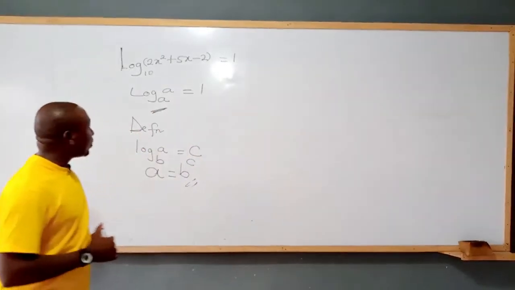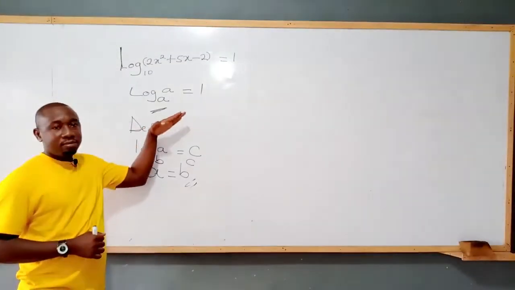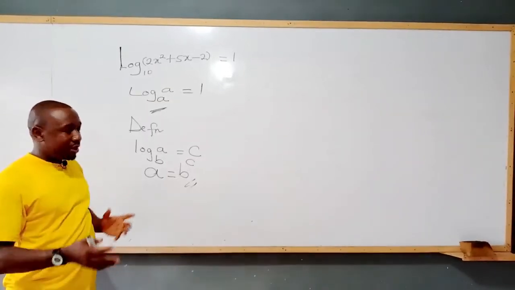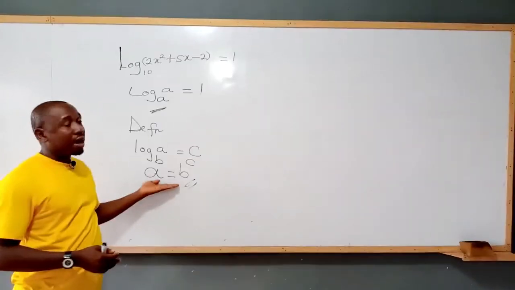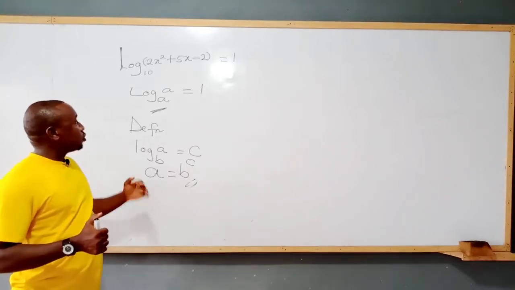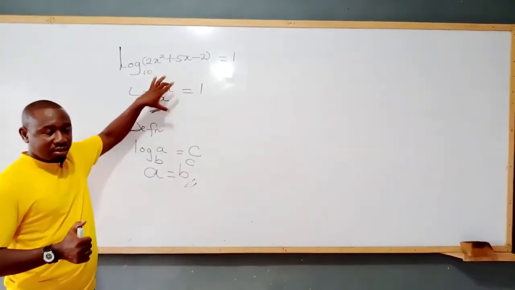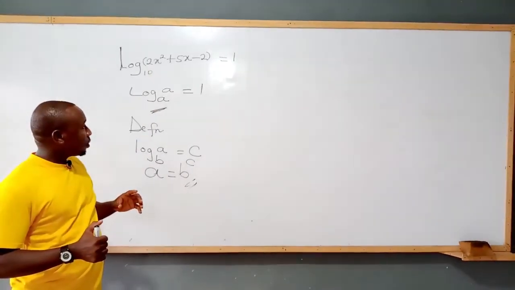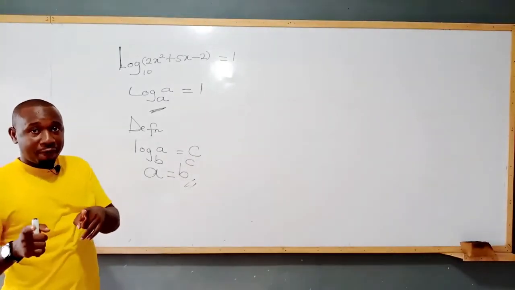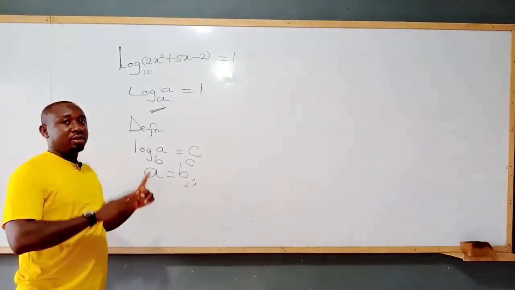So if we are using this property, how do we progress? And again, if we are using the definition of logarithm, how do we make progress? Let's try to use the property that says that the log of a number to the base of the same number is equal to 1.